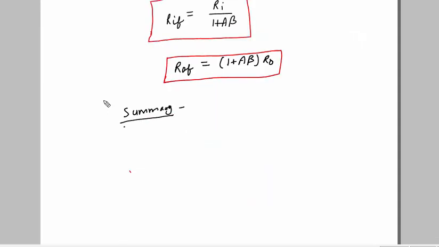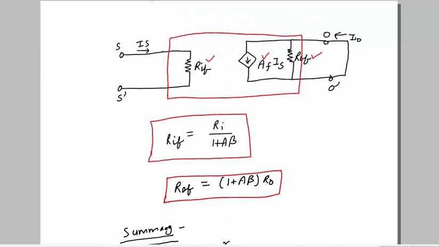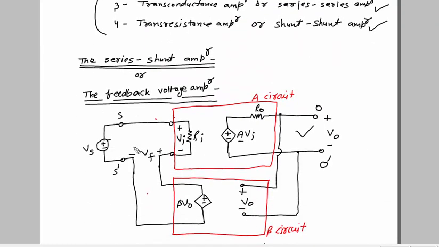Okay, in summary we can write, for a feedback amplifier, a series connection, what it does. Okay, let us see input side first. So let us start from the beginning. First we saw the series shunt amplifier. So input side, what we have, series here?